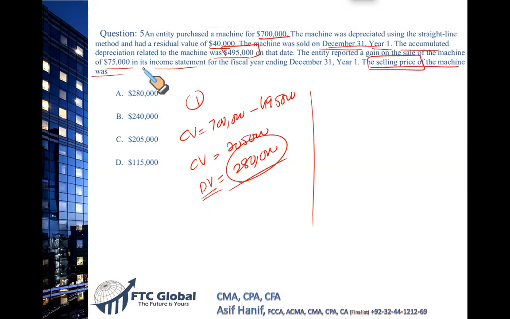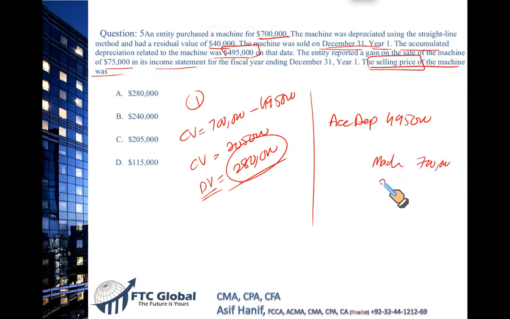Now, let's say if you find this a little twisted, we can just do it using the accounting entry. We can simply debit cash, what we receive, or you can simply debit the accumulated depreciation first, what is given. Accumulated depreciation is going to be debited with 495. You're going to credit the machine cost, which is already given as $700,000.